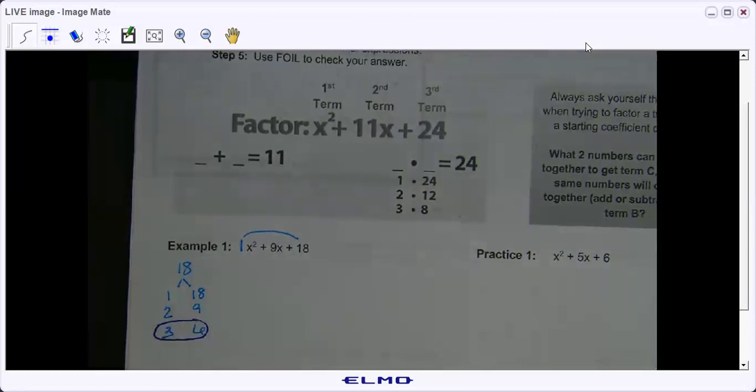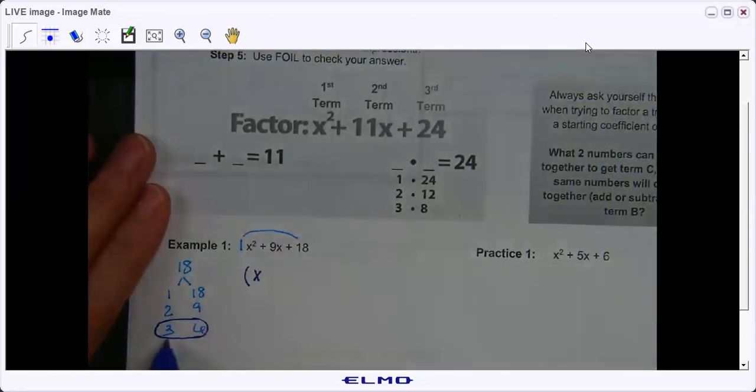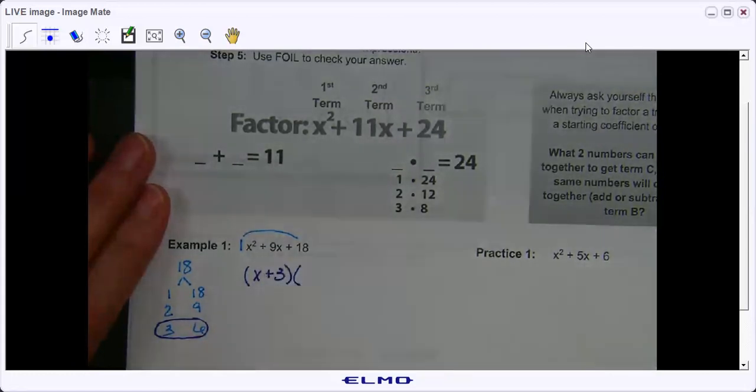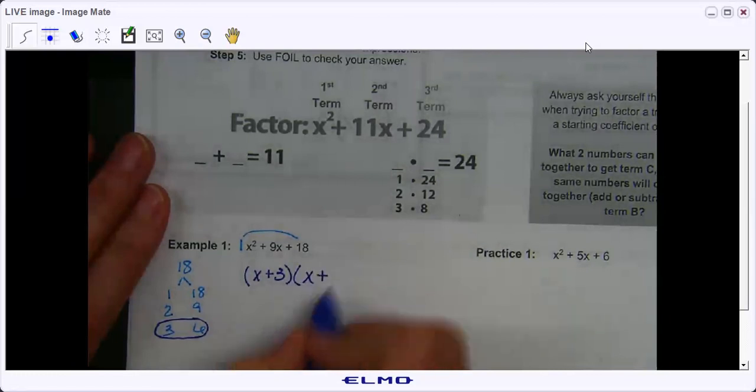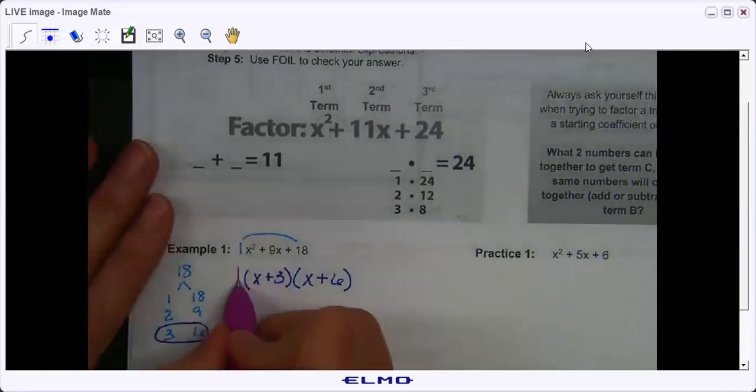So how do we write that out? Well, we write it out like this. X plus 3 times X plus our second term, 6. And it's as easy as that. That's our final answer. Okay.